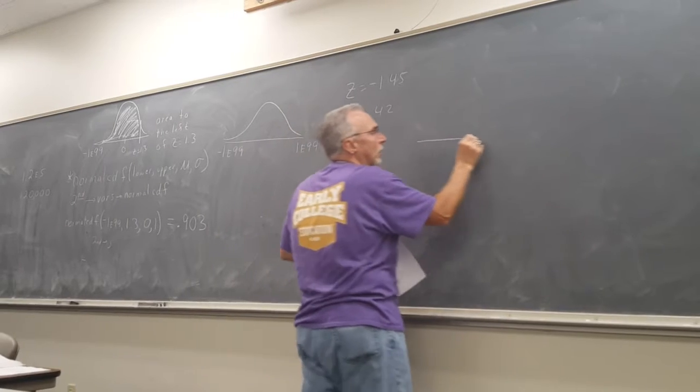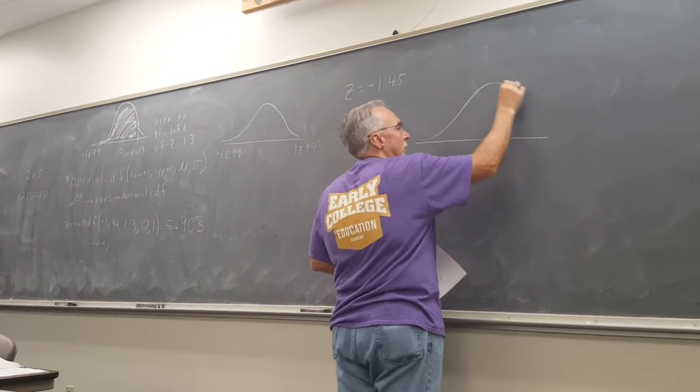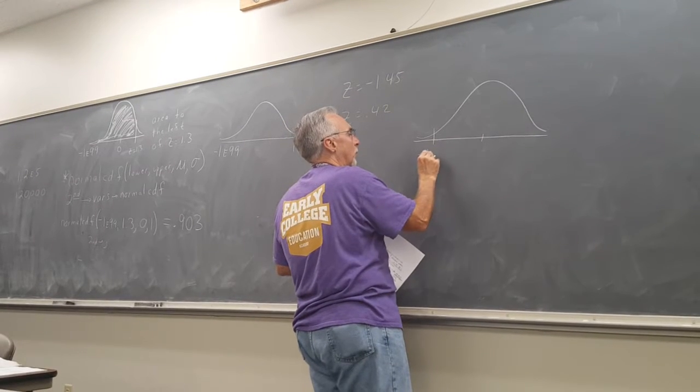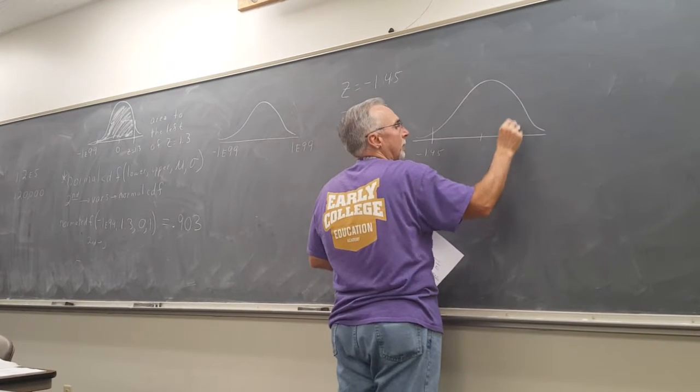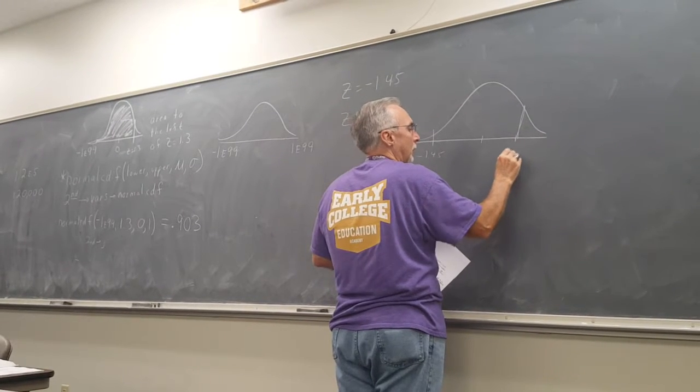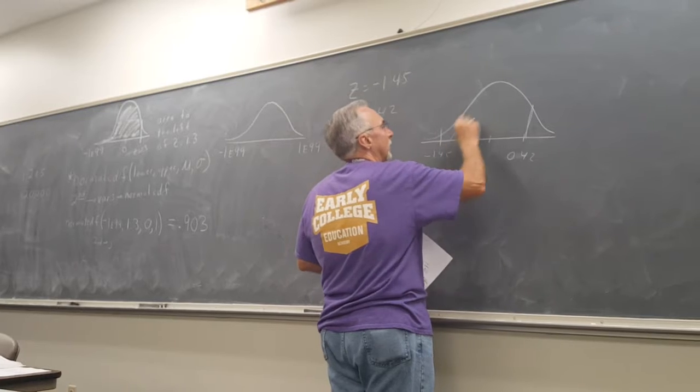Now what that means on your graph, again, I like to have a cute picture here. It's not real cute, but it works. Maybe 1.45, 0.42, and I want this area.